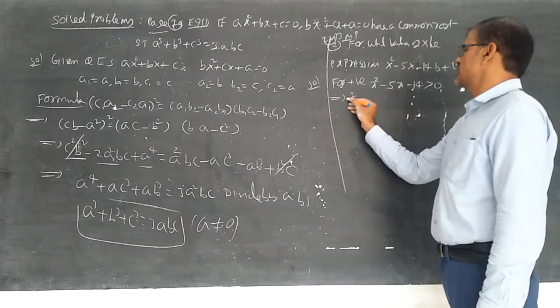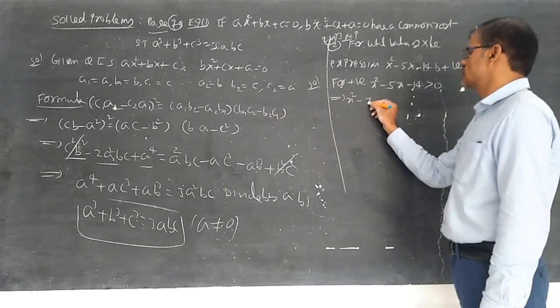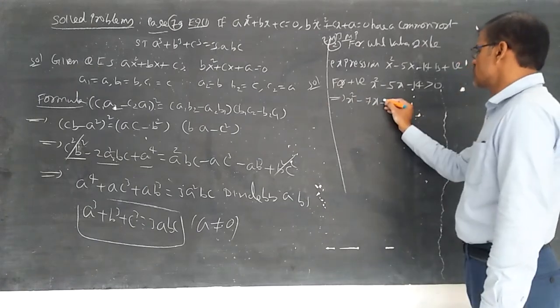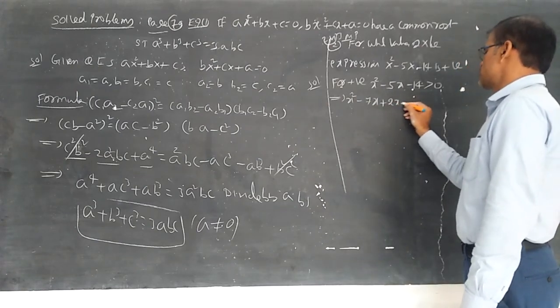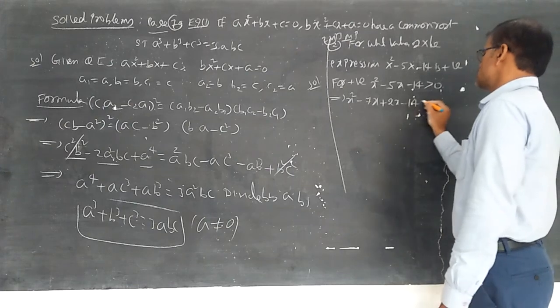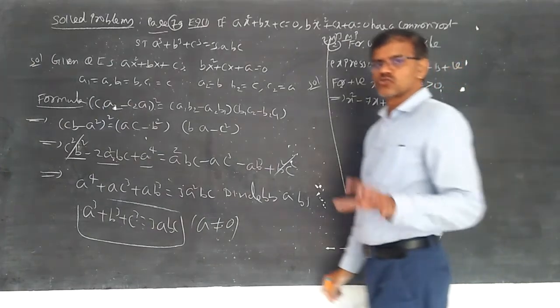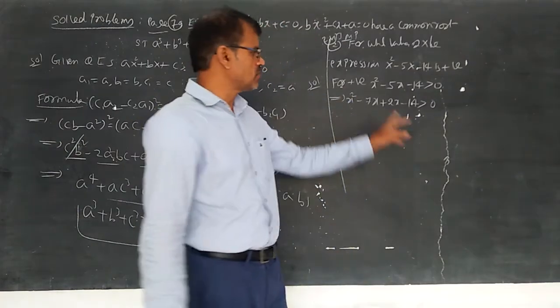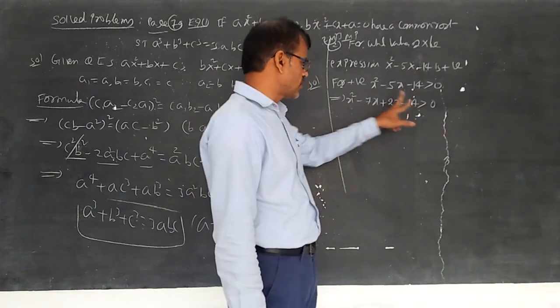Whenever x square minus 5x minus 14 is greater than 0, you can write here, by splitting the middle term for factorization, x square minus 7x plus 2x minus 14 greater than 0. To get the values, you should not write is equal to there, simply leave it like this if you are having factors.